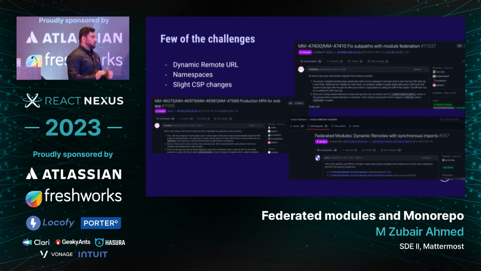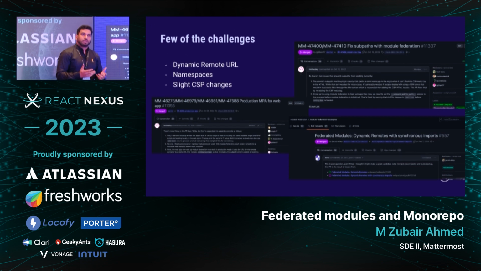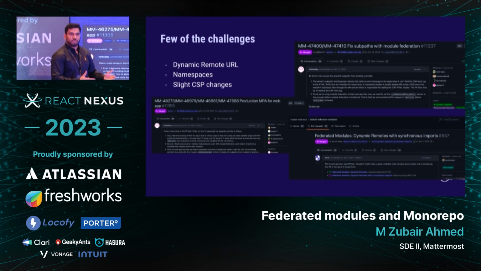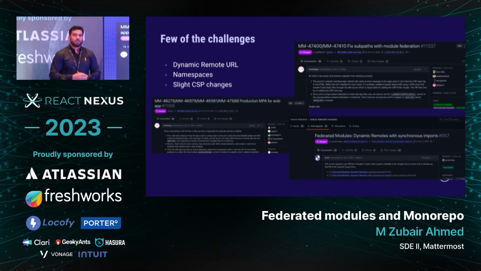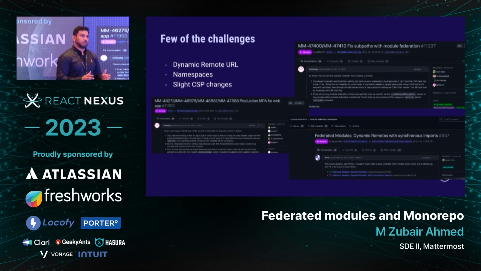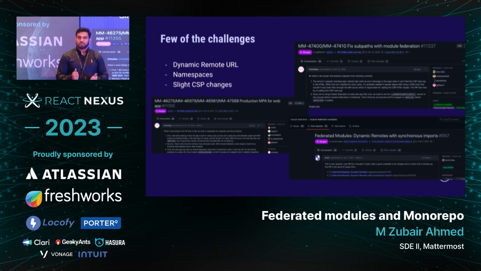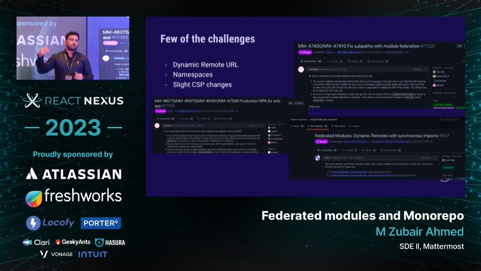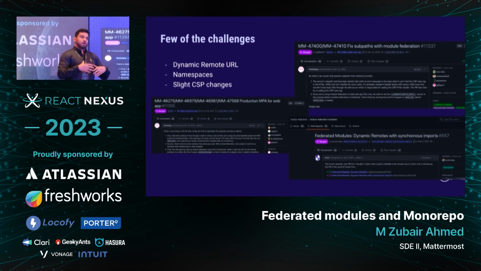So what were the challenges? Yes, it was hard. It took a considerable amount of time for us to move to this. I think the biggest challenge we faced was having dynamic URLs, because they were all different projects. They all had their own Webpack configuration, and they all had their own Webpack dev servers, right? So after the monorepo, all of them had to run concurrently.